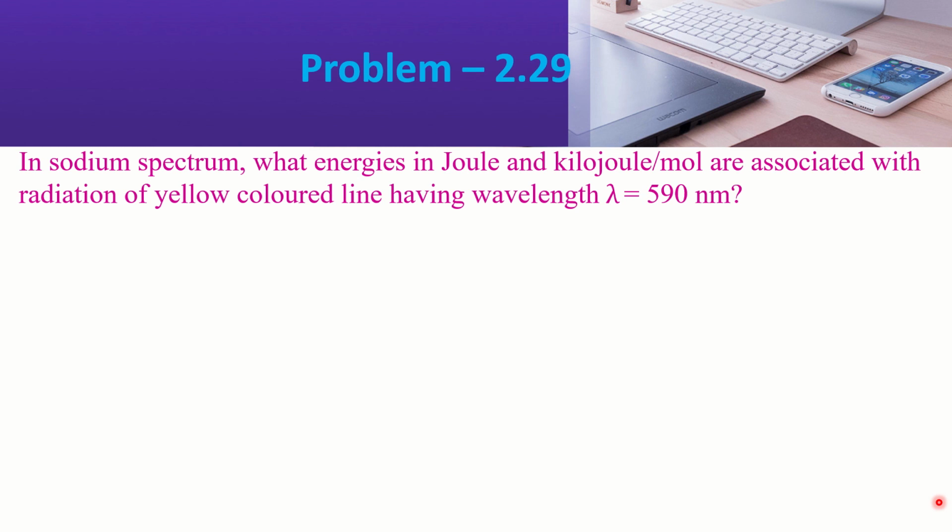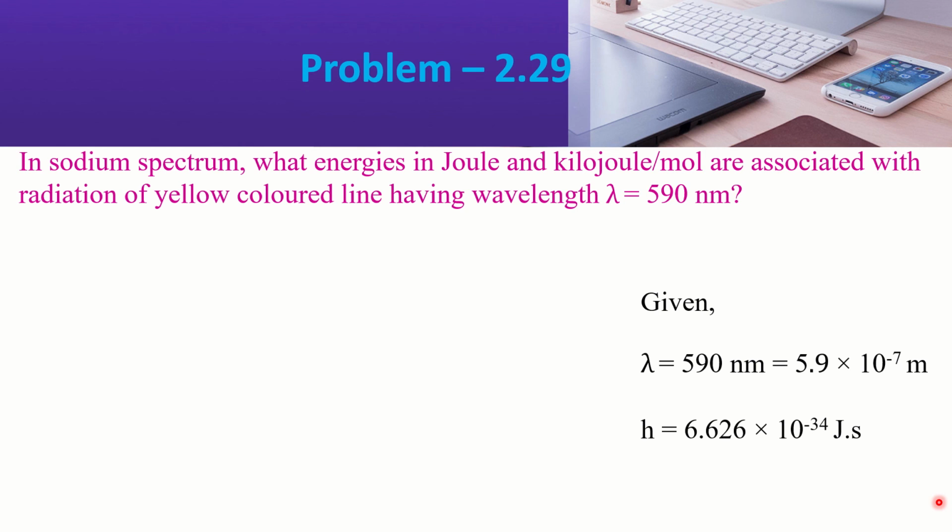You will find out the energy in joule and also in kilojoule per mole. So there is given lambda equal 590 nanometer. You will convert it into meter, and it comes 5.9 into 10 to the power minus 7 meter.